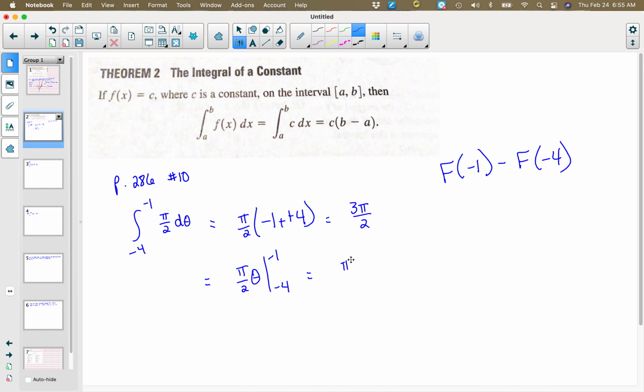So we'd have pi over 2 times -1 minus pi over 2 times a -4. So we'd get negative pi over 2 plus 4 pi over 2 equals 3 pi over 2. So we get the same answer. So if you think about it, you can do that.